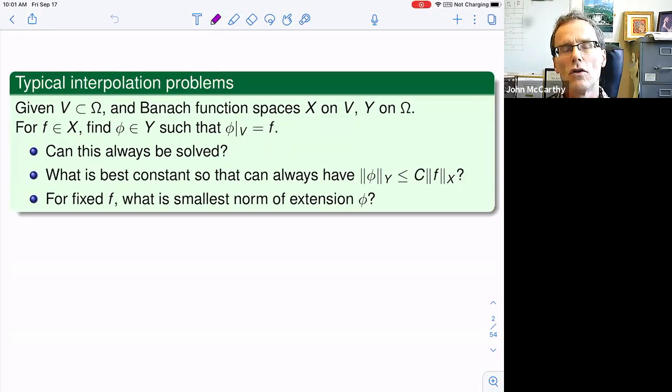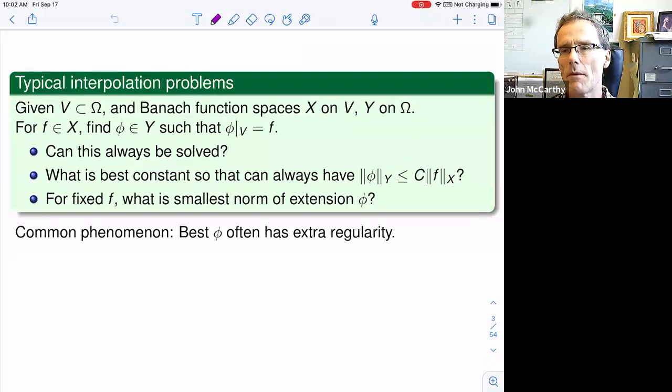And then the sorts of questions you ask are, can you always solve this? If so, what's the best constant so that the norm of the extension is less than or equal to that constant times the norm of the original function? And then for any particular f, you can ask, what's the best extension in the sense of the one of smallest possible norm?